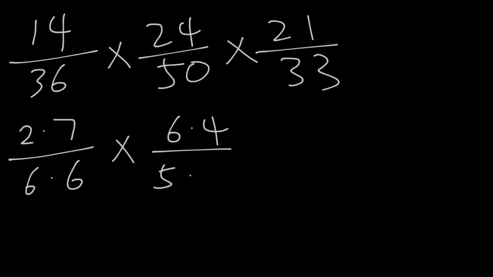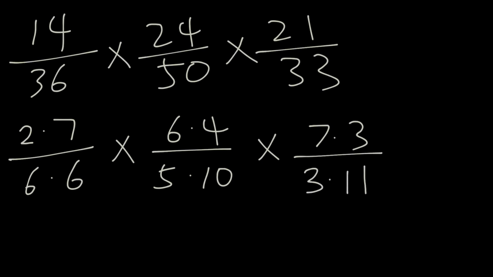50 would be 5 times 10. 21 would be 7 times 3. 33 would be 3 times 11. Now we can just go through the numbers and see which ones we can cross out. The ones that I see are 6 and 6 here.